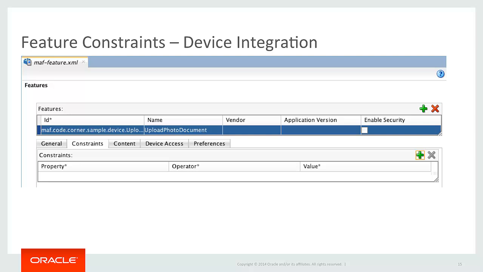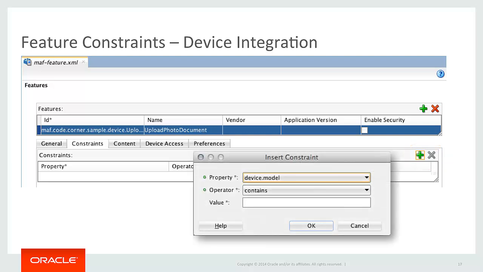You can use this for adaptive design in MAF, in that you say, okay, I want to tailor a specific feature for a specific device or a specific screen size, and if that is not given on the device the user runs, then I show a different feature. So I can use that here. And to do that, you go to the constraints, and then for the individual feature, you hit the green plus icon, and that brings up a dialog, and the dialog gives you a list of options of what device properties you can access.